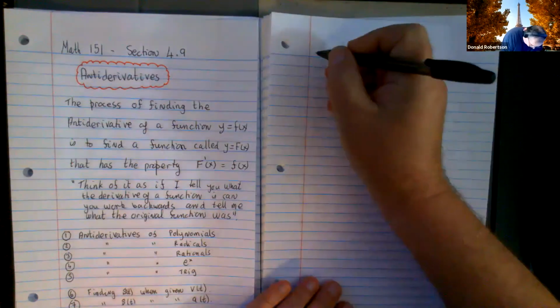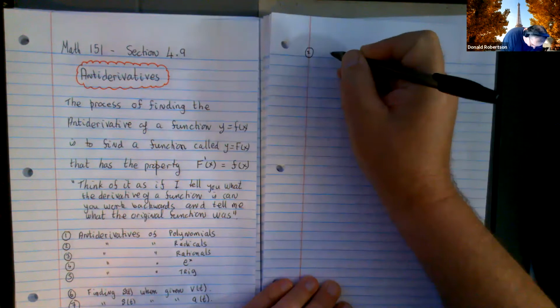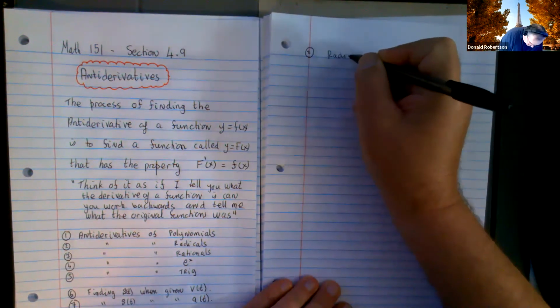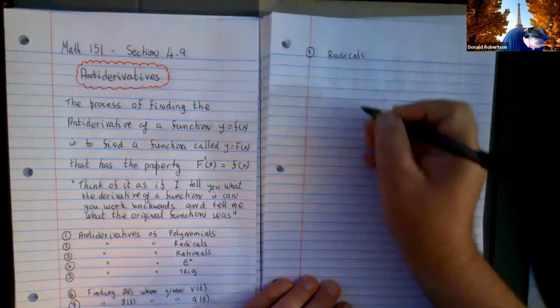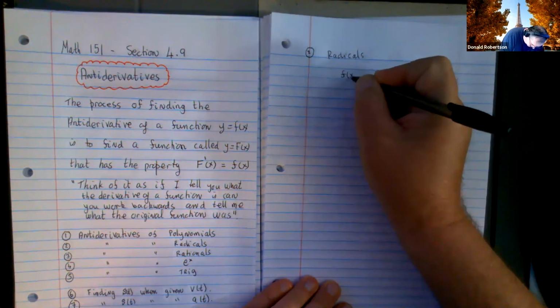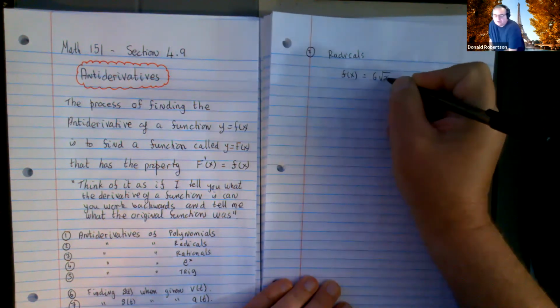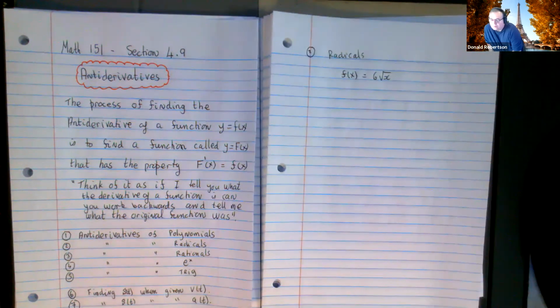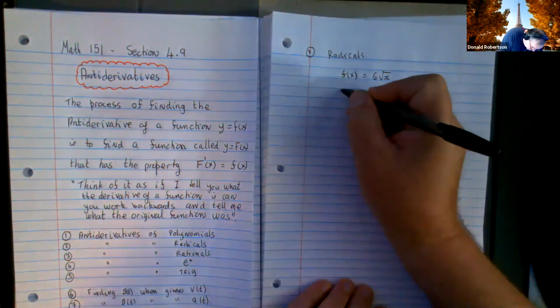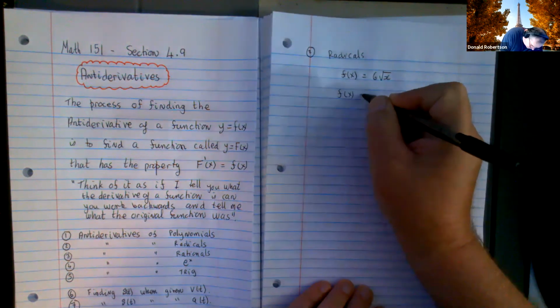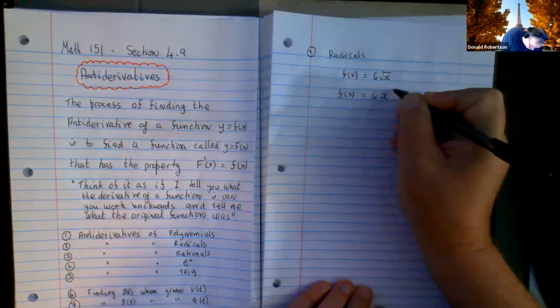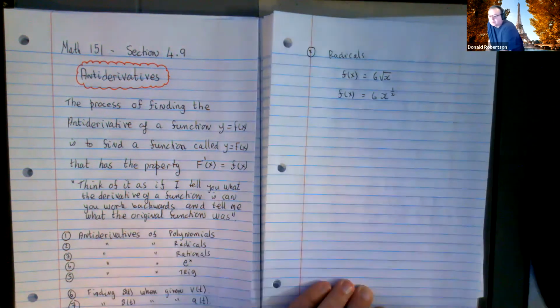Let's move on to radicals then. I would like to find the antiderivative of 6 square root of x. The way I would approach it is to rewrite it as a fractional power.